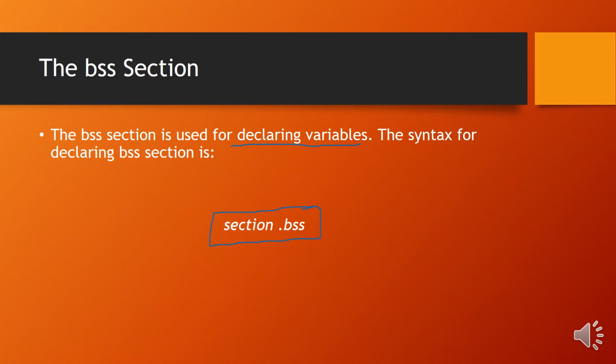Generally, we use keywords like RESB, reserve byte, RESW, reserve word for defining the data into the BSS section. RESB stands for reserve byte, so it will reserve the byte for that particular data. It means the BSS section is just used for those variables which are not initialized.